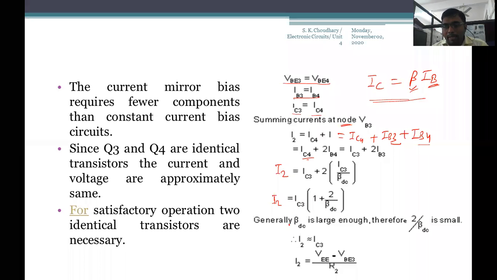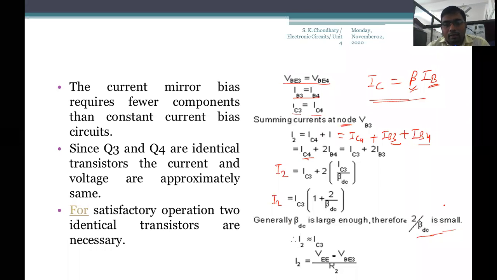Generally beta is very large. So 2 upon beta would be considered a small quantity. Generally the value of beta is 50, 100, 500 like this. It is a very large quantity, the current gain parameter. So 1 upon beta is very small, and similarly 2 upon beta is also very small.